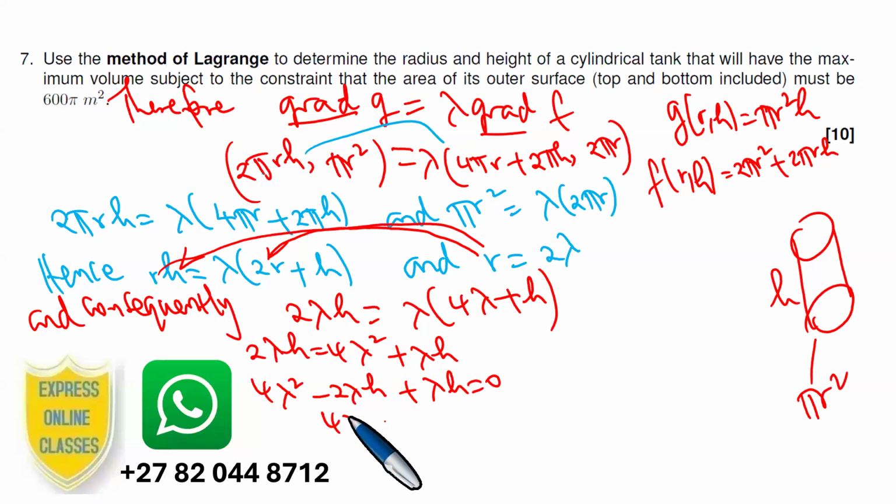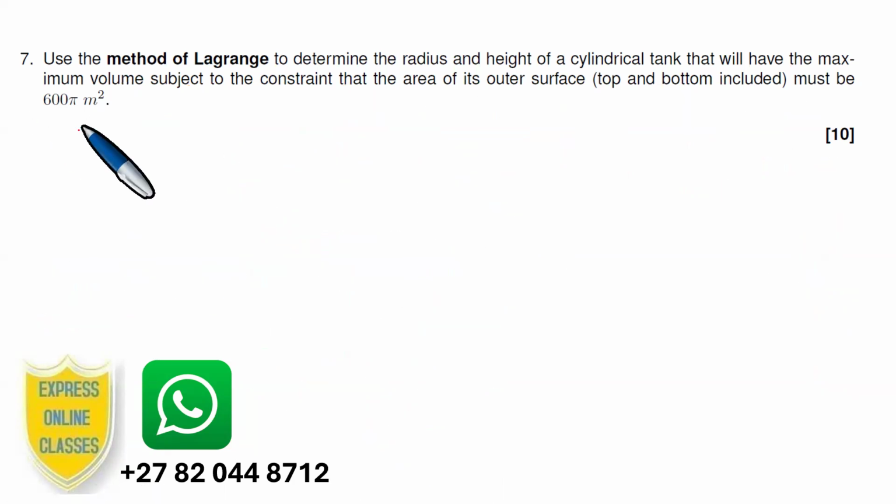So that 4 lambda squared. Now, this minus 2 lambda h plus lambda h is minus lambda h equals 0. Lambda is a common factor out of these, giving us lambda times (4 lambda minus h) equals 0.